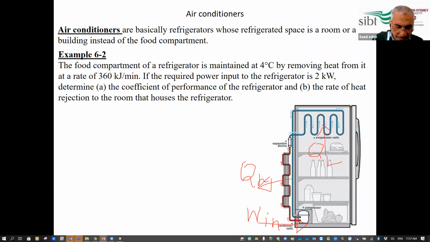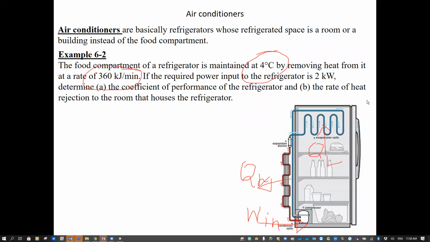So in this example, the food compartment of the refrigerator is at 4 Celsius. We are removing heat from it at a rate of 360. What is this 360 kilojoule per minute? Is it QL or QH? Bakhtiar? QH. Please read it carefully.